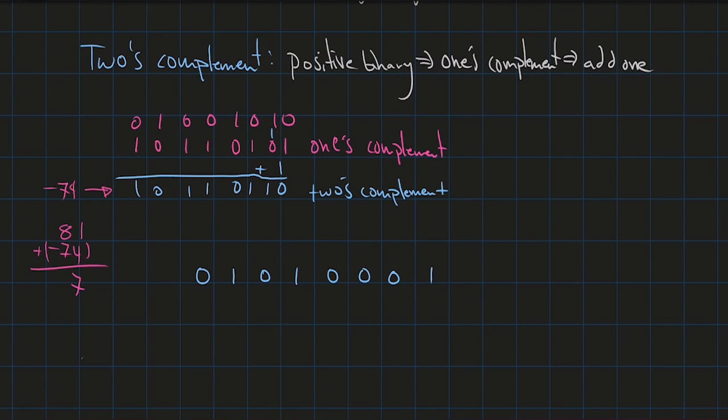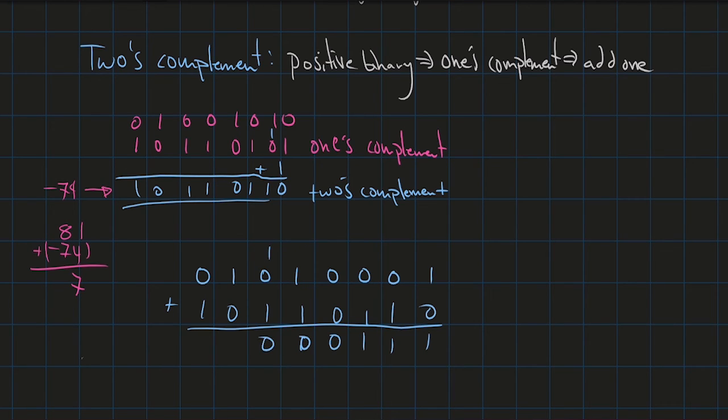And we're going to add to that the number we got here in 2's complement form: 1, 0, 1, 1, 0, 1, 1, 0. 1 plus 0 is 1. 0 plus 1 is 1. 0 plus 1 is 1. 0 plus 0 is 0. 1 plus 1 is a 0, carry the 1. 0, carry the 1. 0, carry the 1. 0, carry the 1.